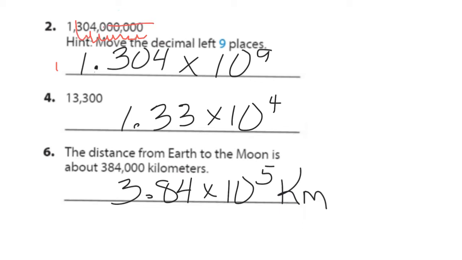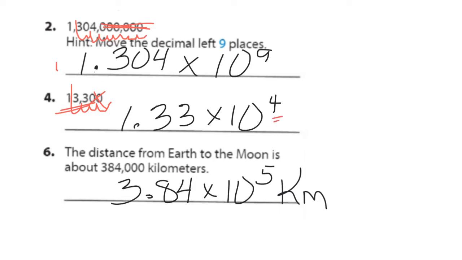I got rid of any insignificant zeros and kept everything else. For number 4, I have 1 and 33 hundredths times 10 to the 4th. Again, I located my decimal point, moved 1, 2, 3, 4 spaces, got rid of any insignificant zeros, kept the important numbers, and there's my 4 spaces.